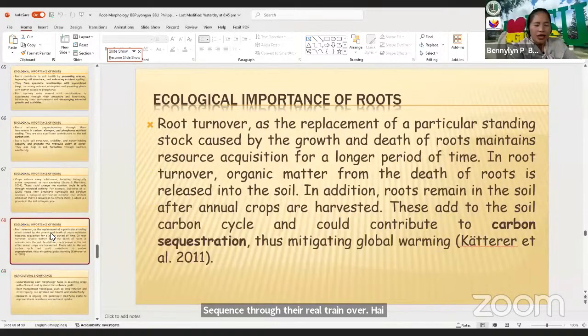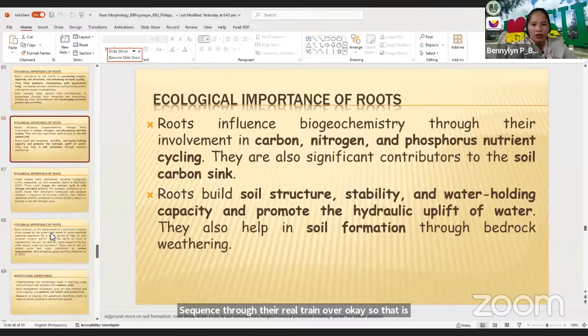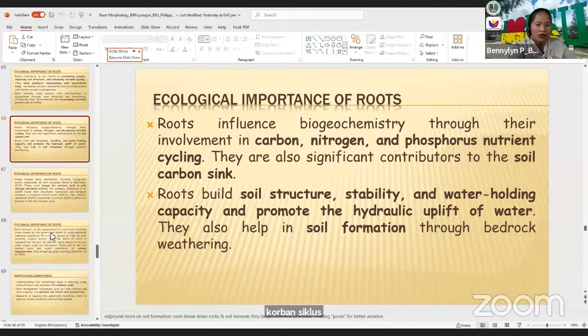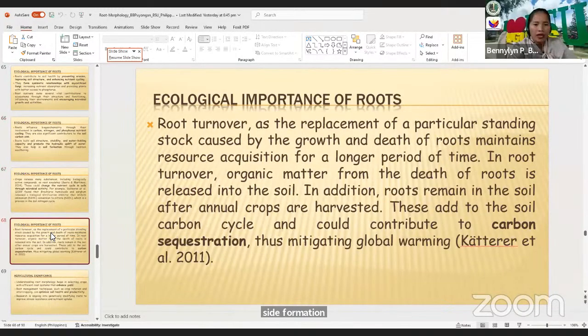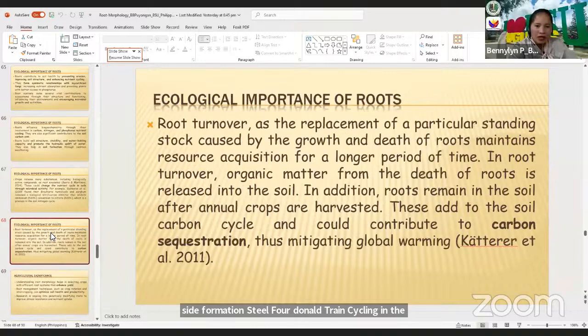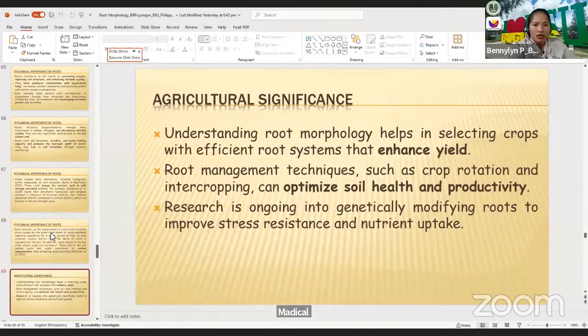Okay, so that is for the ecological importance of roots: for nutrient cycling, as carbon sink, carbon sequestration, for the improvement of the soil physical structure, the physical properties of the soil formation, still for the nutrient cycling in the soil, and carbon sequestration, as well as the production of root exudates.